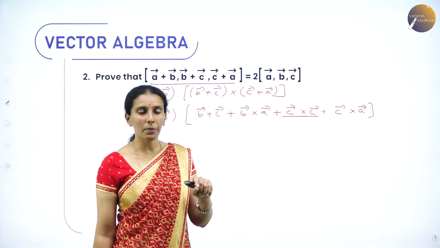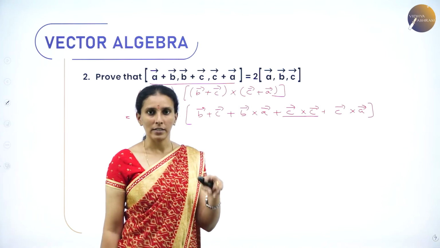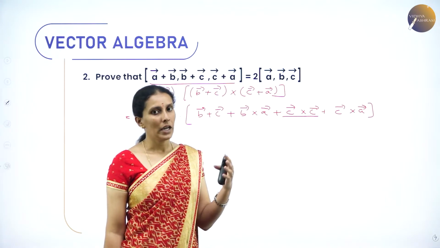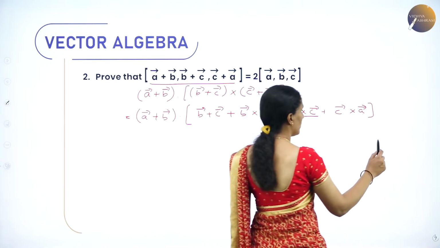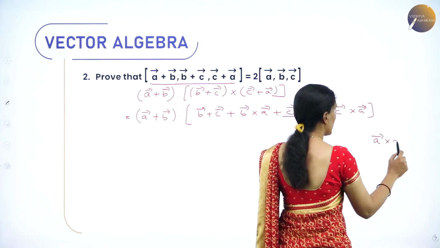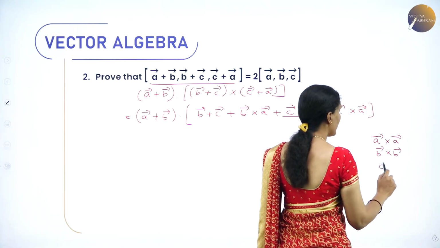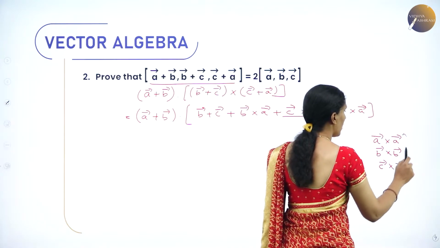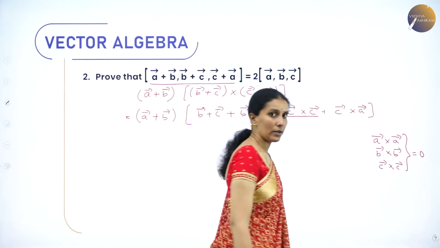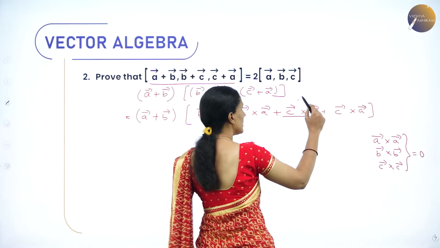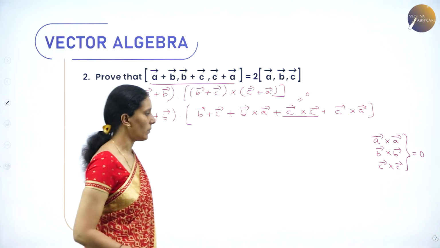That is, the vector product of the same vectors, A cross A or B cross B, is 0. So A cross A, B cross B, or C cross C, they are all equal to 0. Hence I can consider this equal to 0.